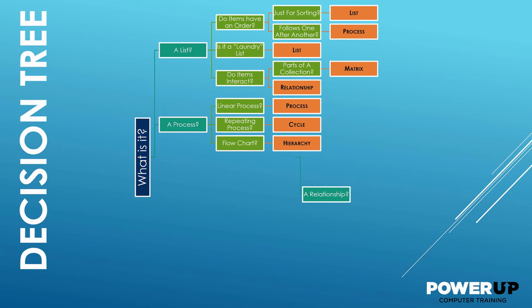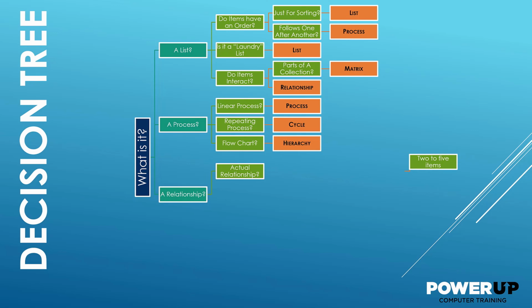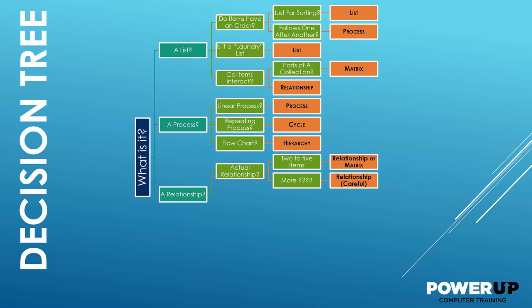Our decision tree shows the relationship as a top choice. And within that, if the ideas interact or if they're part of a whole collective. We've already looked at both of these categories. As I stated, this can get messy if you have too many ideas to illustrate.